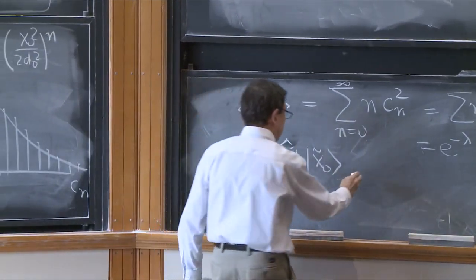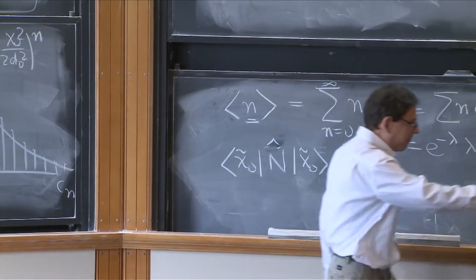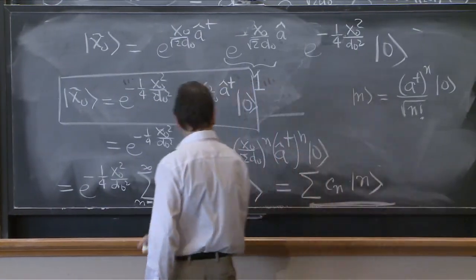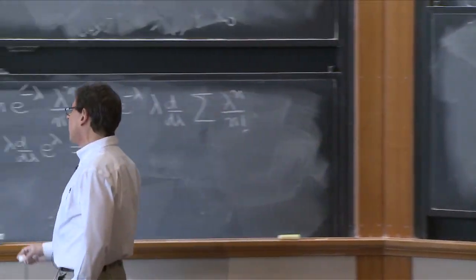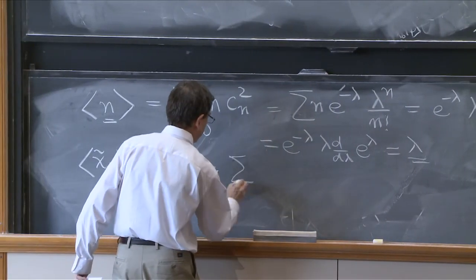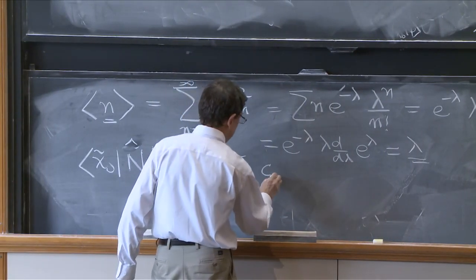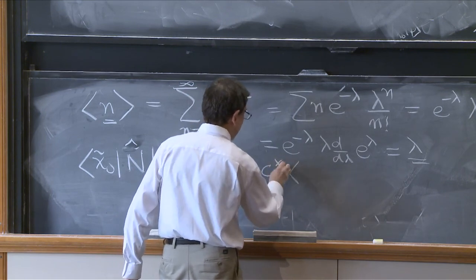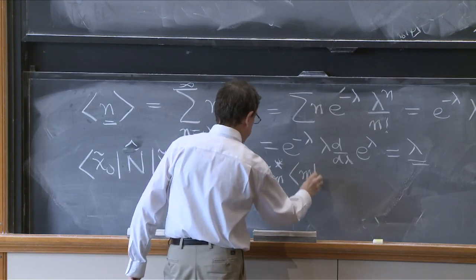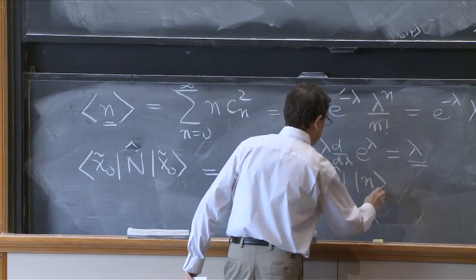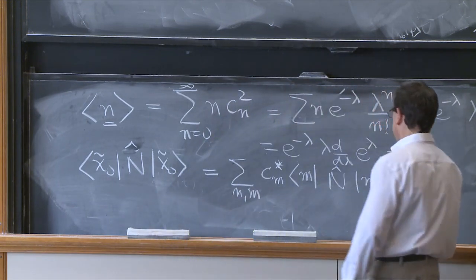But you have that the coherent state is this. So let's substitute that in there. You got two sums over n and over m, and you would have c_m star, m, n, c_n.